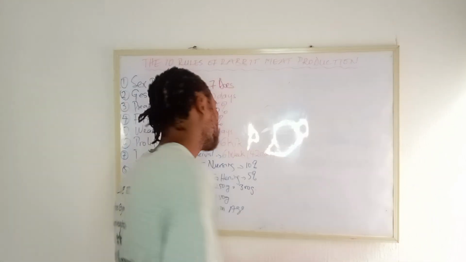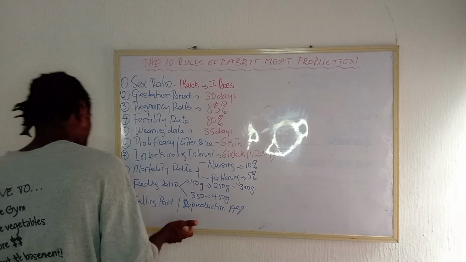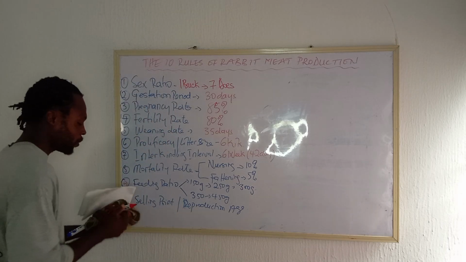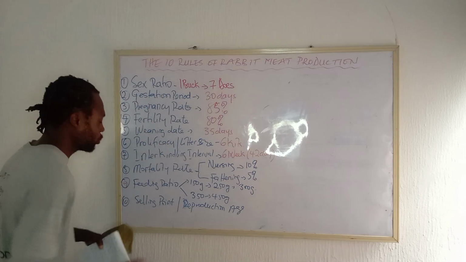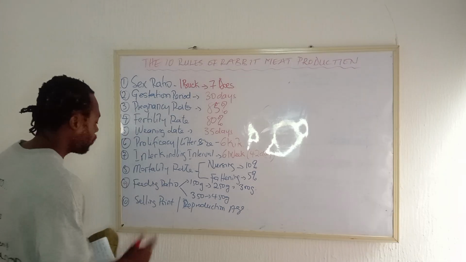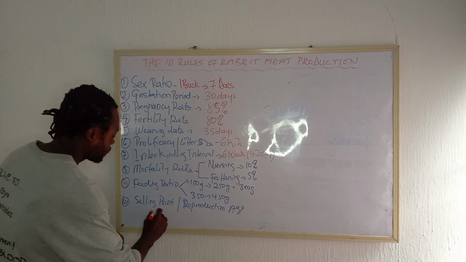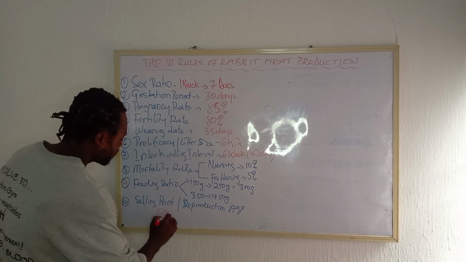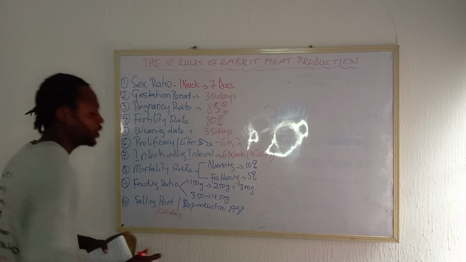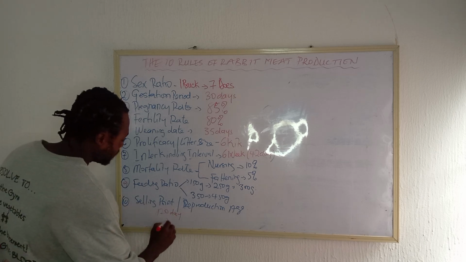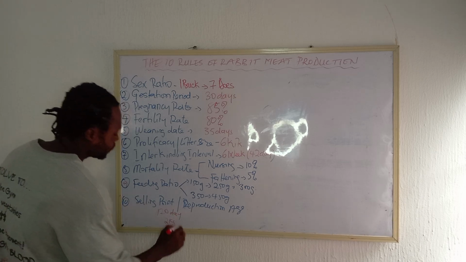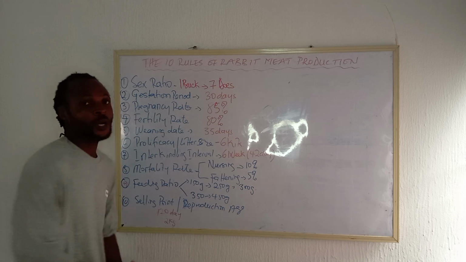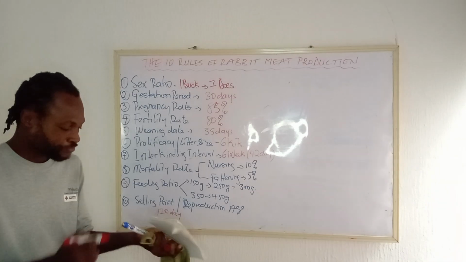For meat production, you should sell your rabbit at a minimum of 120 days. At 120 days, when they are well fed, they should give you at least a minimum of 2 kg live weight. Then the carcass weight, you are going to get 1 kg.